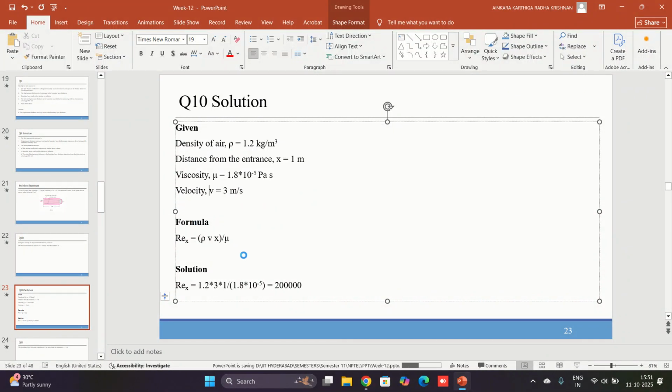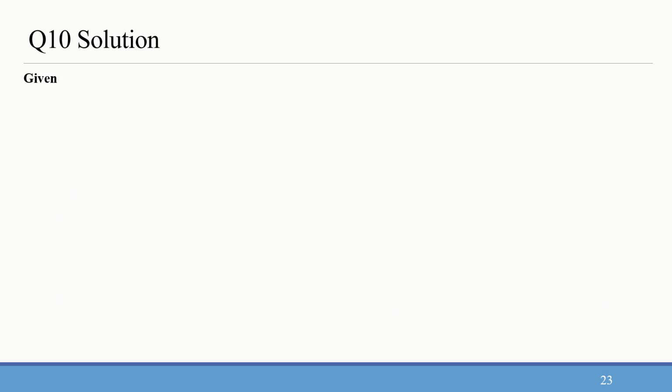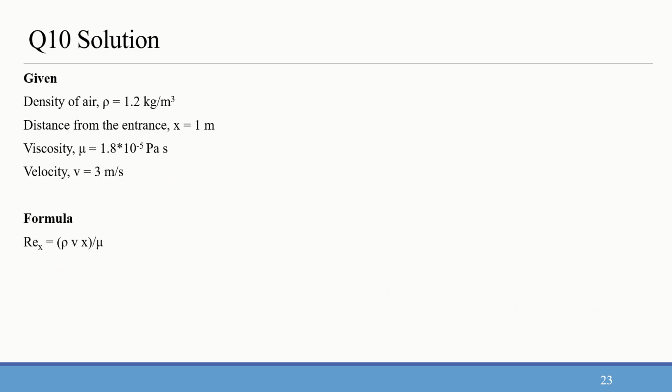The Reynolds number is equal to rho v x by mu, so we know everything. Rho is 1.2 kg per meter cube, v is 3 meters per second, and x is 1 meter, divided by mu, which is 1.8 times 10 power minus 5 Pascal second.